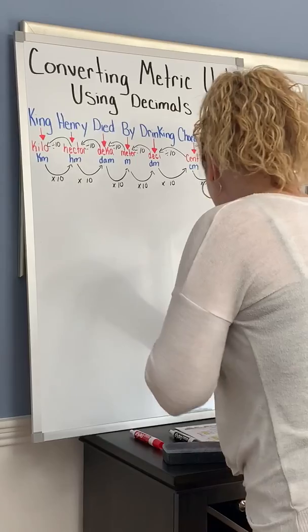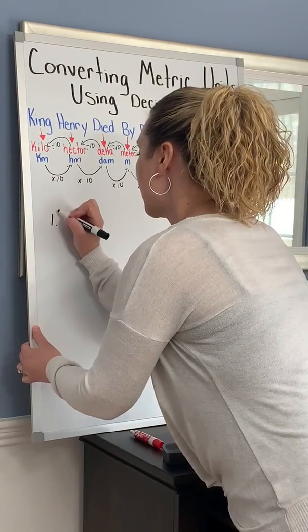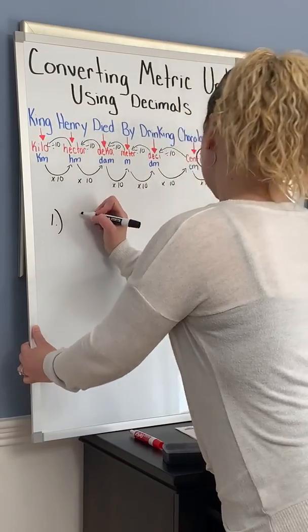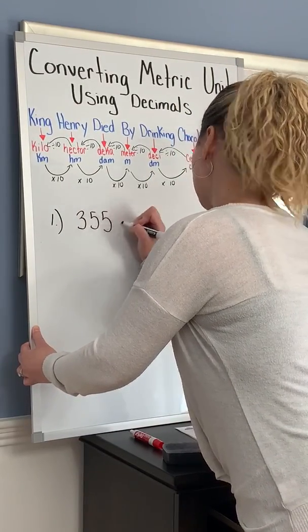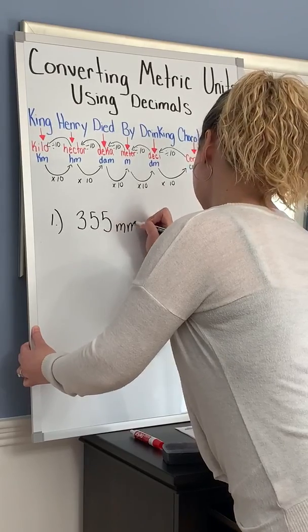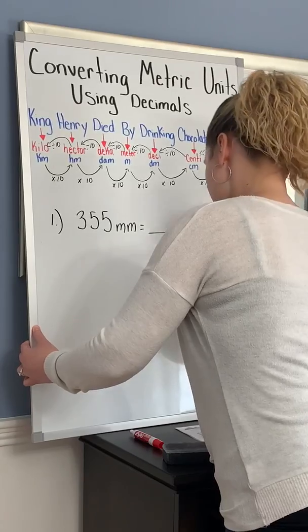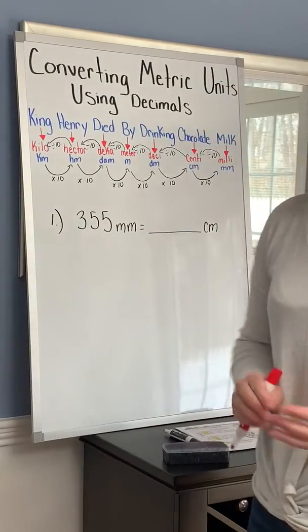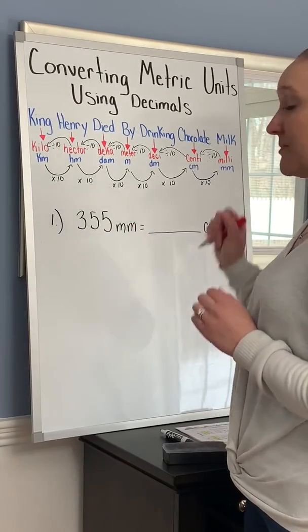Here we go. Just going to write a few before we do this. So I'm going to do 355 millimeters. And I want to turn this into centimeters. So remember, I want to convert millimeters to centimeters.